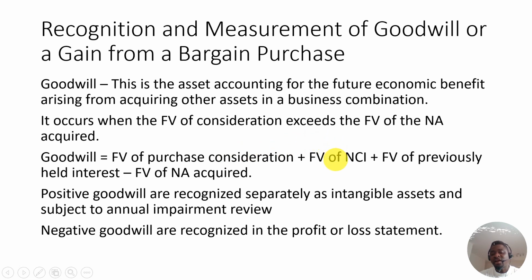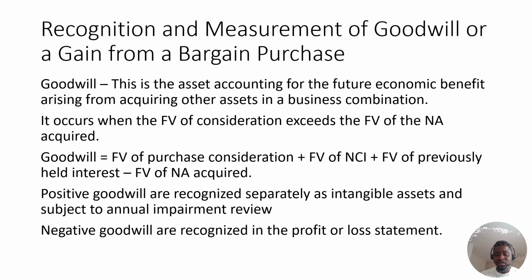So fair value of the non-controlling interest, fair value of the previously held interest, plus the actual purchase consideration, we take the difference between it and the fair value of the net asset of the subsidiary that was acquired. When you have a positive figure, that is the purchase consideration plus all this in excess of the fair value of the asset acquired, we have a goodwill.